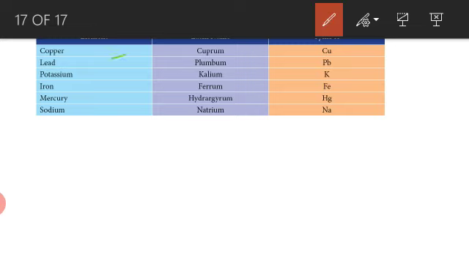Next, lead, Latin word plumbum, so we use Pb. Potassium, Latin word kalium, so we use K. Iron, ferrum, Fe. Mercury, the Latin word is hydrargyrum, so we use Hg. Sodium, the Latin word is natrium, so we use Na.